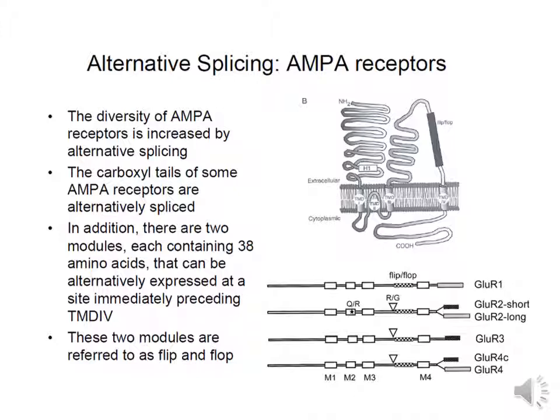The alternative splice cassette is also found in this C-terminal loop, and these places are susceptible to small changes. Only very few amino acids can change, but the effect can be quite dramatic, resulting in altered desensitization and different kinetics.